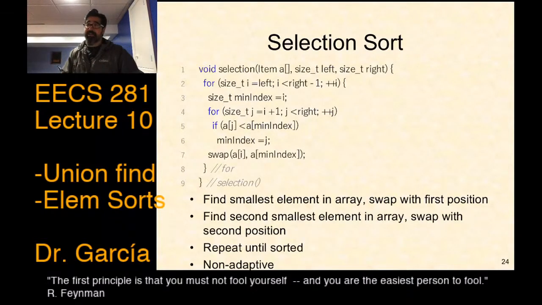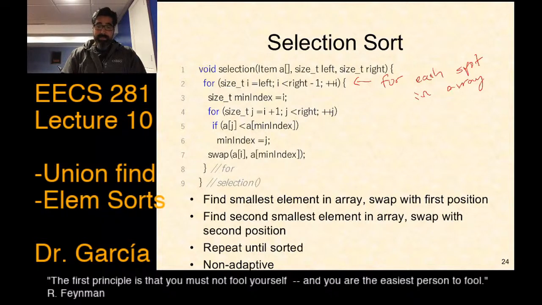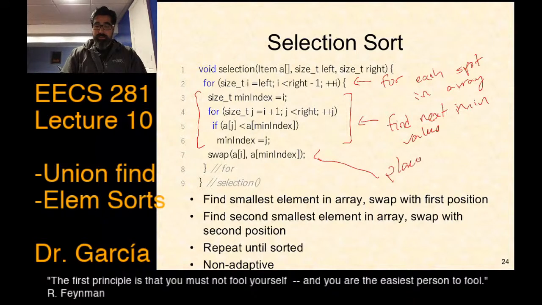So here's the algorithm and the code for it. The way to interpret it is like this: for each spot in the array, all this does is find the next min value that goes in that slot, and then place the value in the slot.